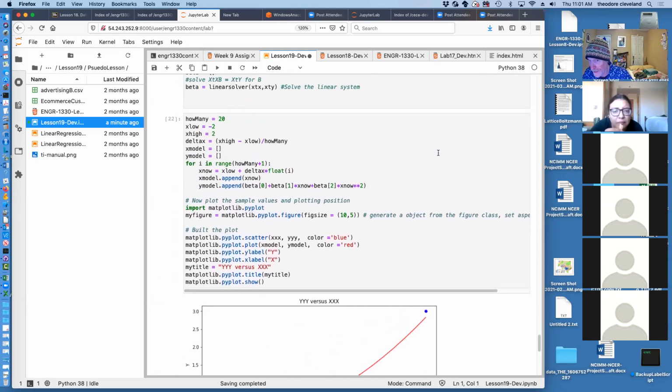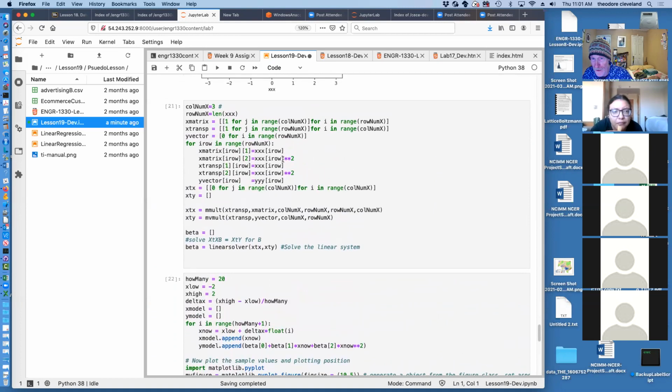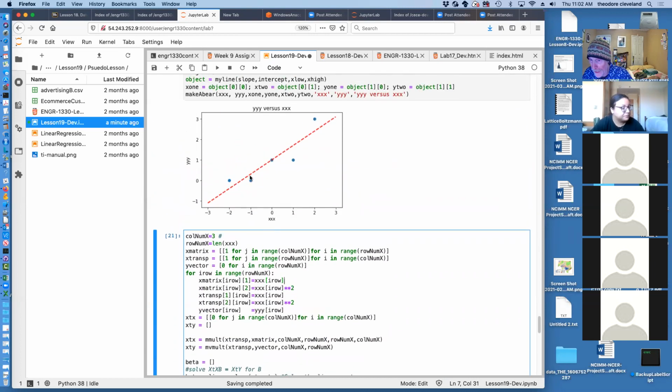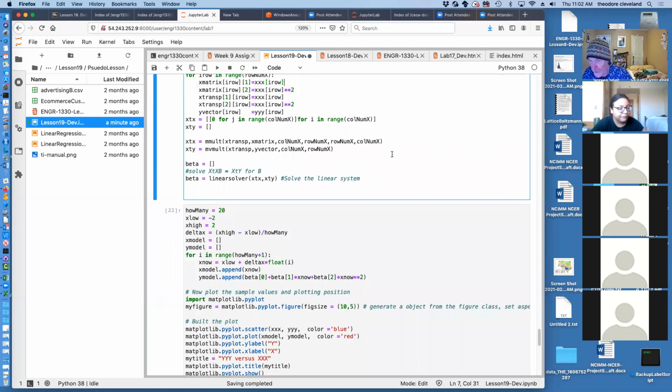Well, I played a trick on you all. I modified my design matrix, and so actually I changed the model from y equals beta 0 plus beta 1x to y equals beta 0 plus beta 1x plus beta 2x squared. I went ahead and put a polynomial in here.